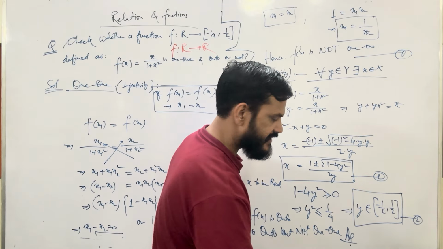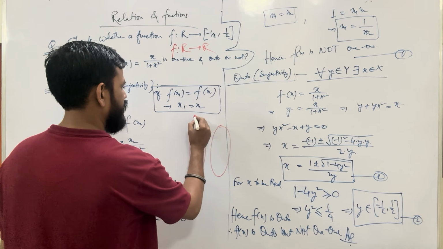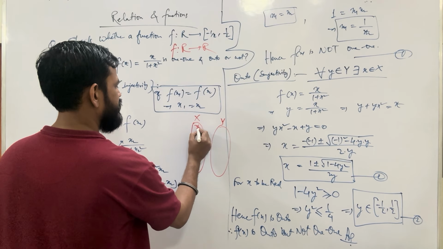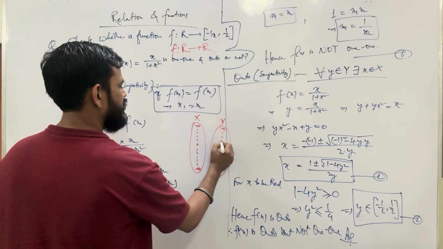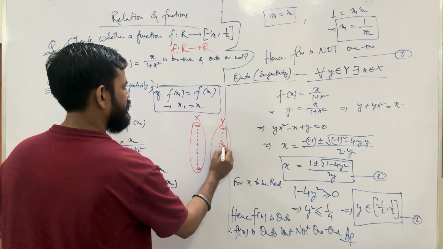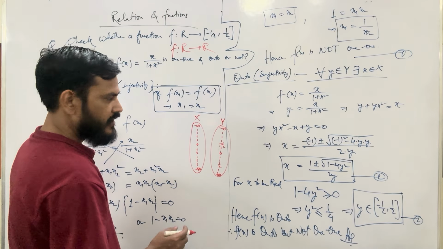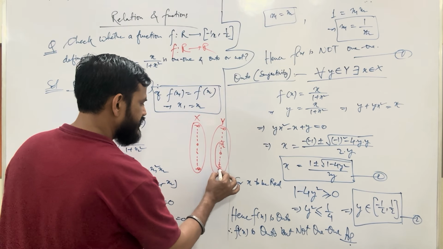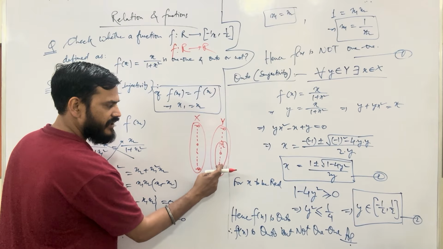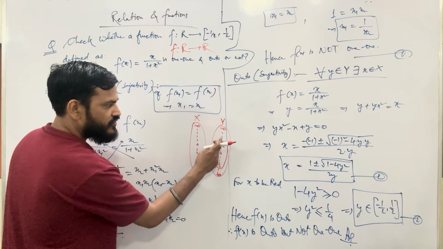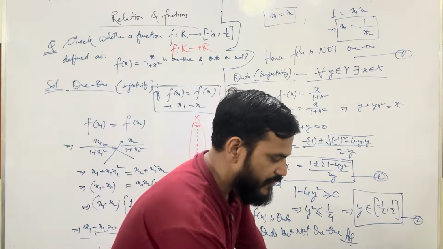So if y is real, let us see the mapping of x and y. x is minus infinity, 0, 1, 2, plus infinity, and y is minus infinity, 0, let it be minus 1 by 2, 0, 1 by 2, plus infinity. So x is real only for values of y between minus 1 by 2 and 1 by 2. If you choose 1 or something, x becomes imaginary.